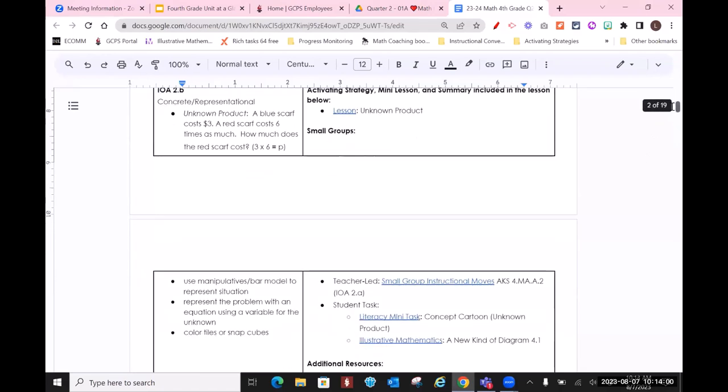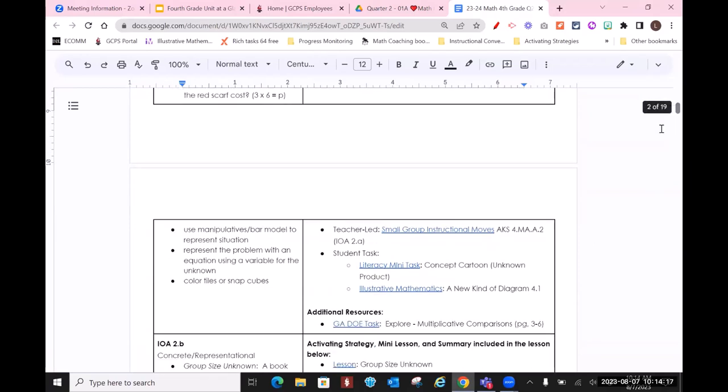We're going to use manipulatives and a bar model to represent the situation. So that's that concrete connected to the representational. We're also going to represent the problem with an equation using a variable for the unknown. And you can see the suggested manipulatives are color tiles and snap cubes.